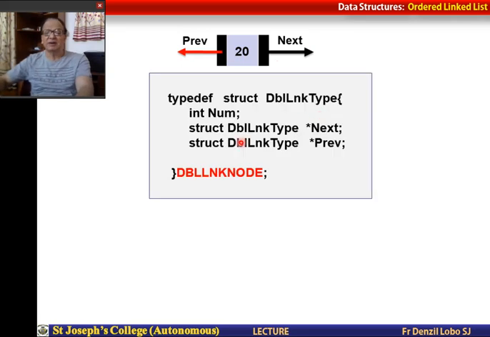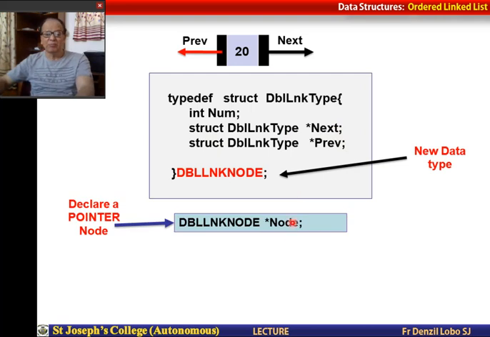As we have done earlier, I say typedef struct, double link type, number, and there is a link to the next node and a link to the previous node. So this becomes a new data type, and I create a pointer variable called node of the new data type, that is dbl_lnk_node. So this becomes a pointer variable.